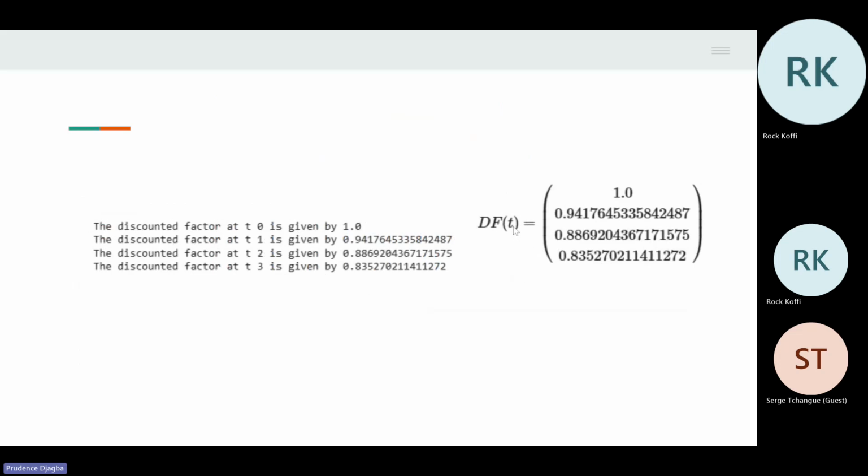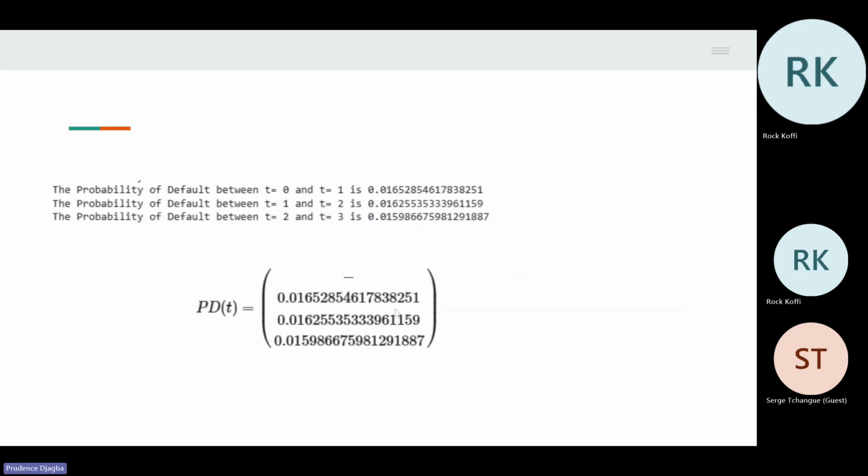Our discount factor at those different time frames is given by this vector. And here, the cumulative probability of default is just the difference: if I'm in the first year, it is the difference between Q at 1 minus Q at 0, which is what we get there.